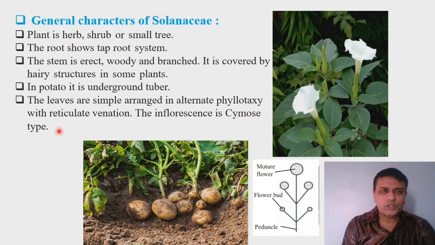In cymose inflorescence, the main axis terminates, or the bud present on the main axis develops into a flower, and the growth of the main axis or the peduncle is stopped. So these plants show presence of cymose inflorescence.